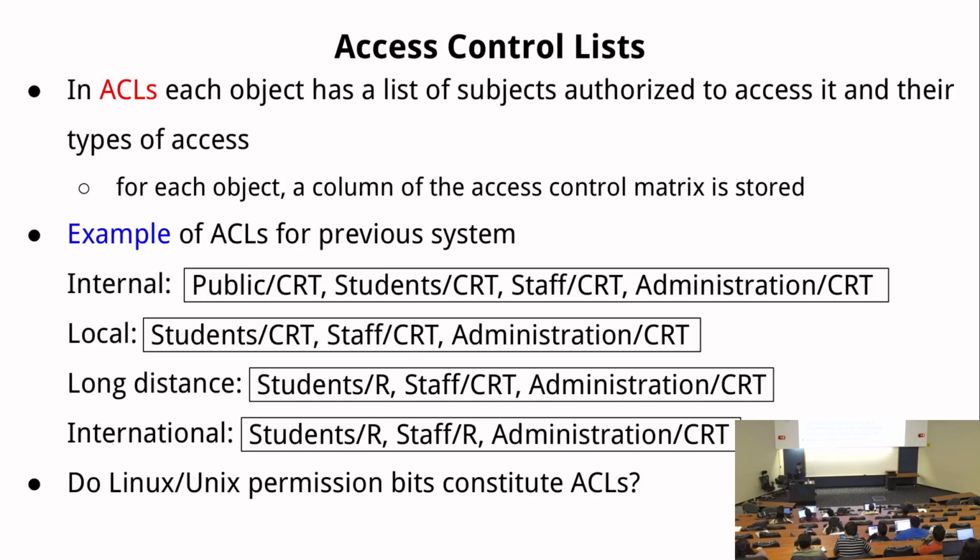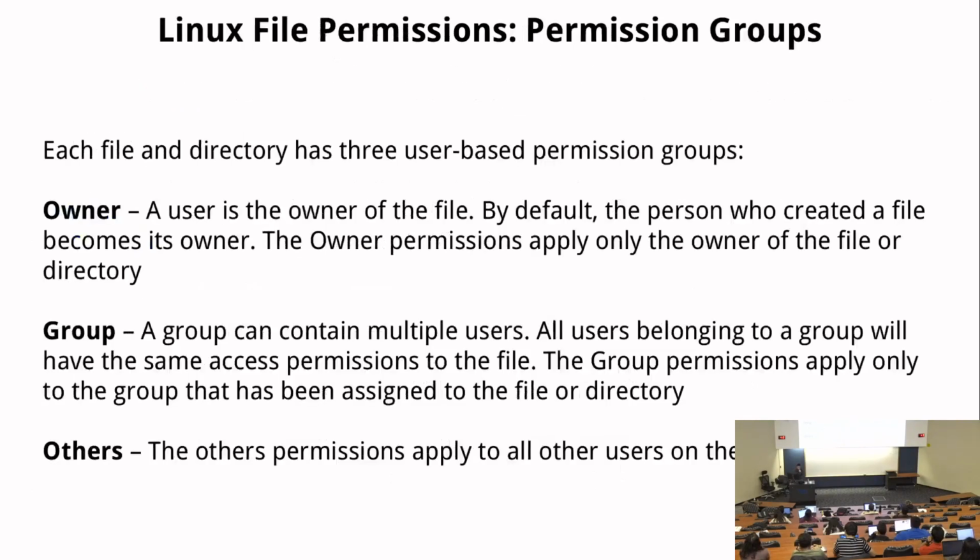So this is a list that has every subject's ID and every subject's permission on this object. This is similar to what we are using in the Linux or Unix file system. But next, let's take a closer look at how Linux file system permission works. Then we compare the Linux approach with the ACL approach, to see if they are the same thing.